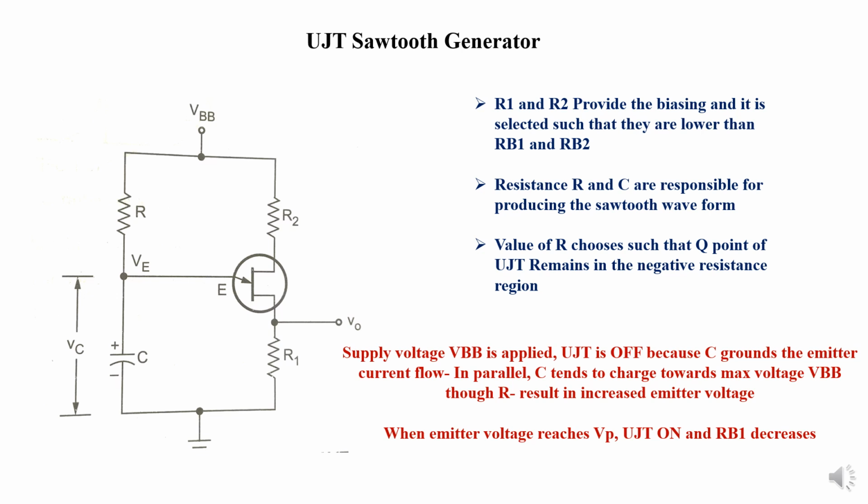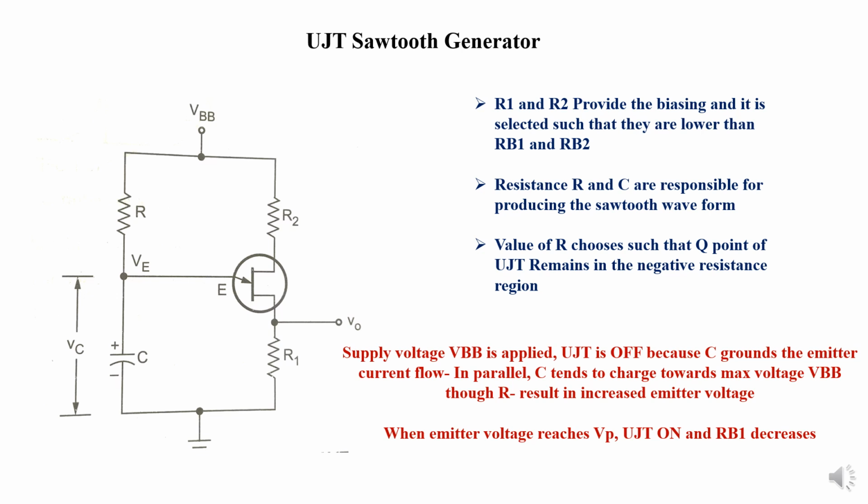Talking about the working, we supply input voltage to the terminal VBB. In that case, the UJT will be in an off state. Why is that? Because the capacitor C in the circuit is grounded to the emitter, so there is no current flow in the circuit, and as an initial state the UJT is in an off state.